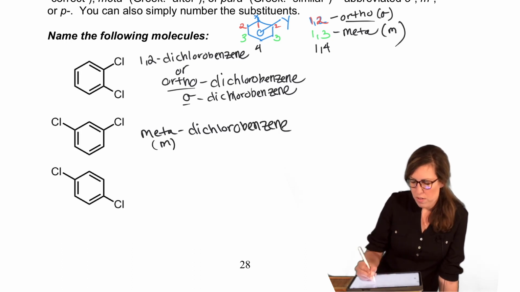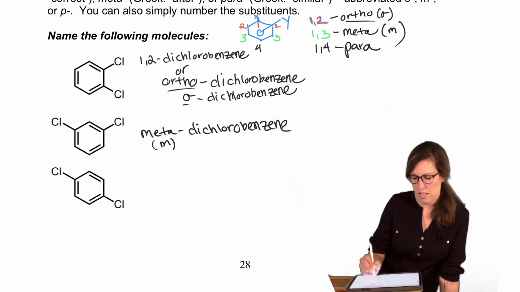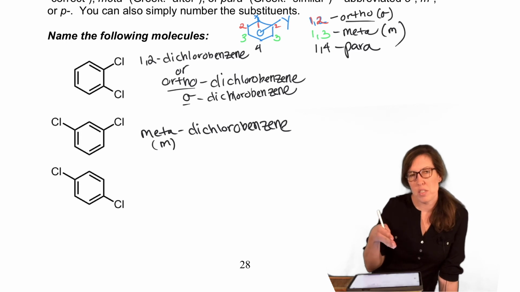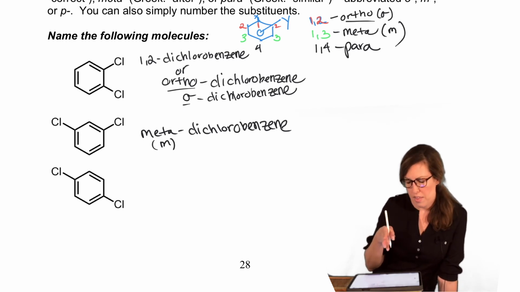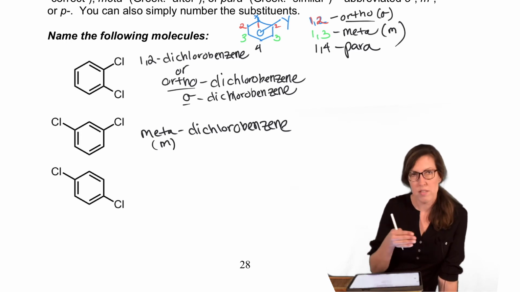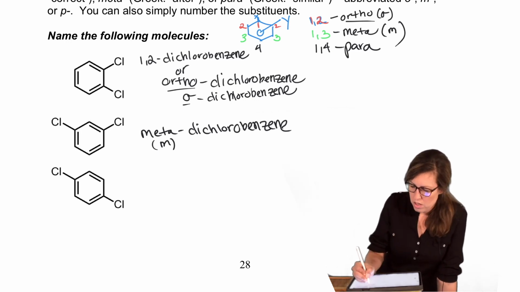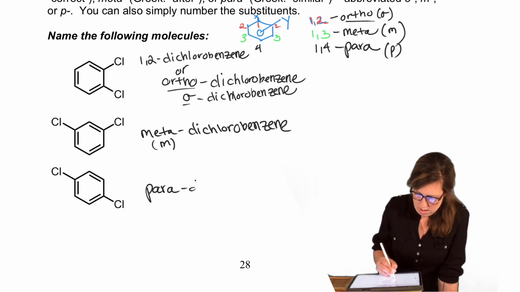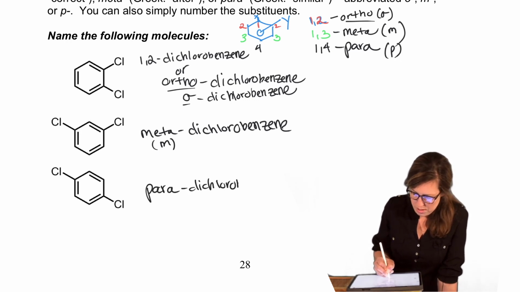And then if they're at the 1,4 position, that's called para, when they're on opposite sides. I think it comes from the Greek word for similar, but I think that's because it introduces that symmetry, right? You get a plane of symmetry once you have the para position. So little p, para-dichlorobenzene.